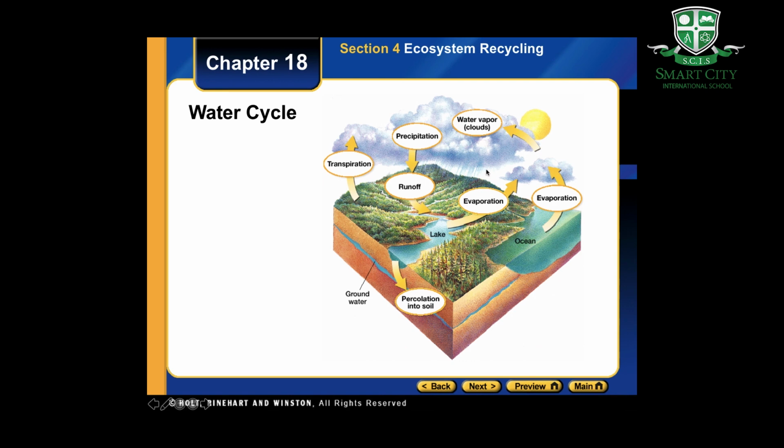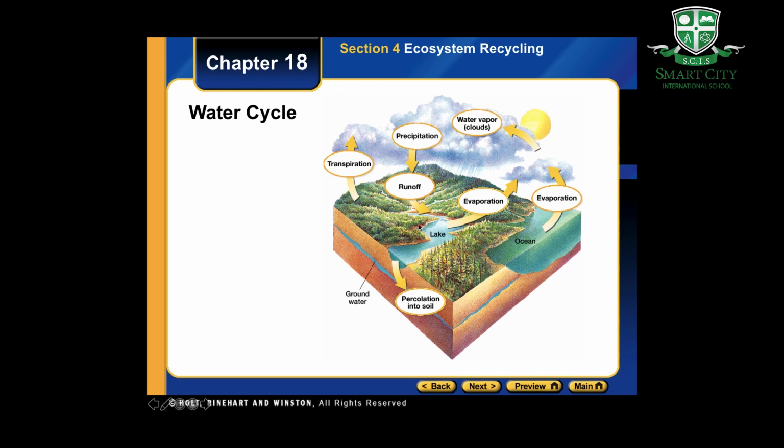So, precipitation is the process at which the water vapor in the atmosphere transfers again to liquid water on the earth. It could be in the form of rain, snow, sleet, hail, or fog. So, this is the whole process.